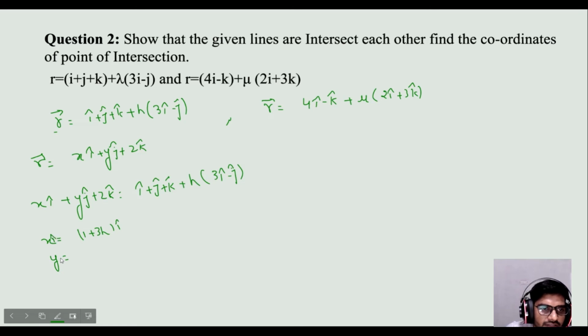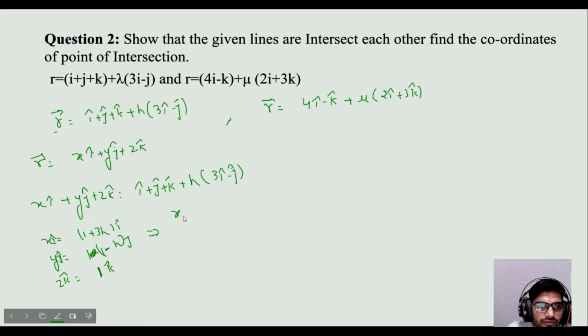xi equals, yj equals 1, minus lambda j, and zk equals 1k.